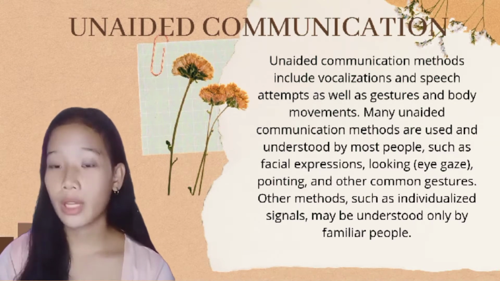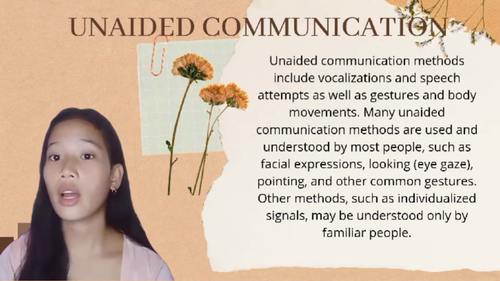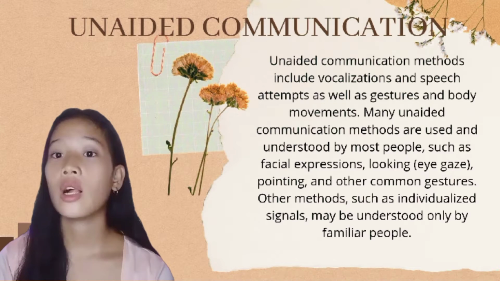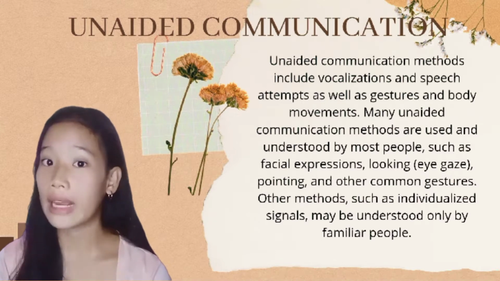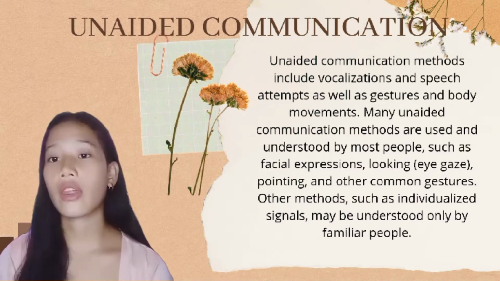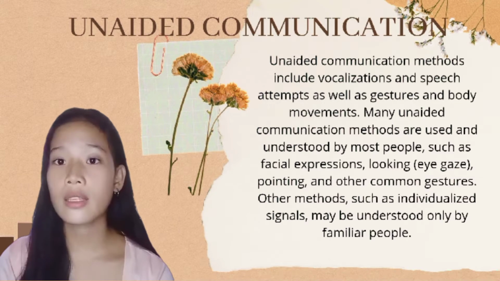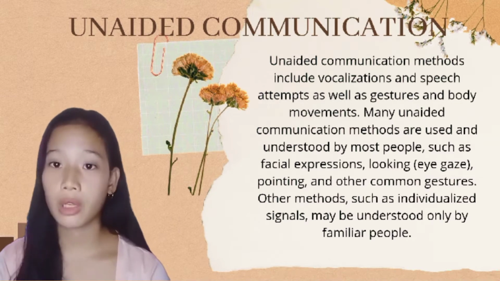Many unaided communication methods are used and understood by most people, such as facial expressions, looking or eye gaze, pointing, and other common gestures. Other methods, such as individualized signals, may be understood only by familiar people.